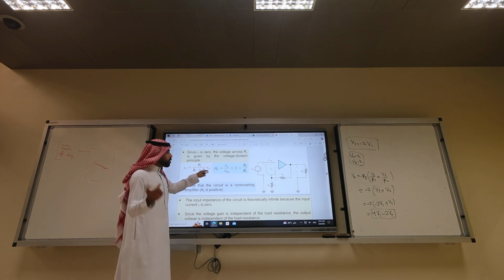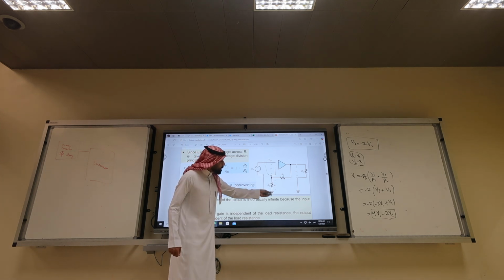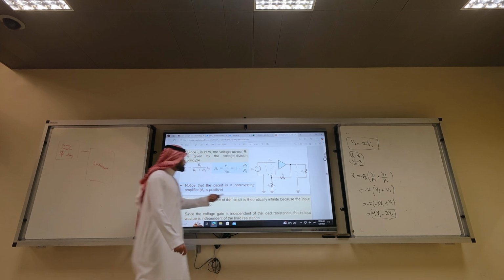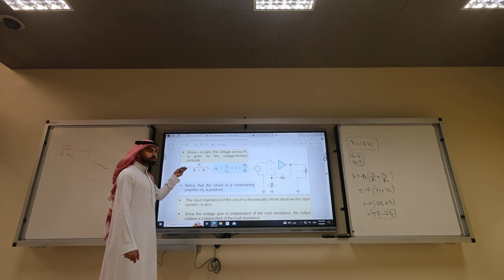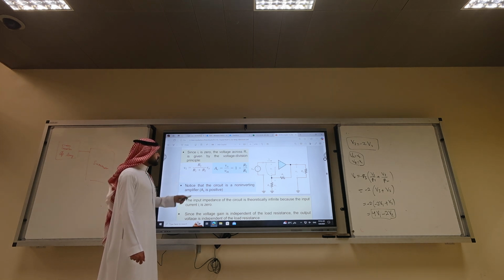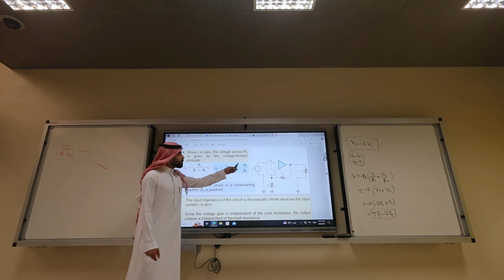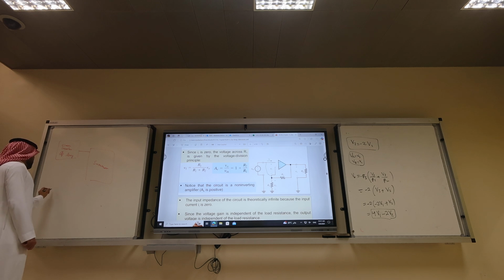But I know that V1 and V input are equal. So I can replace V1 with V input and find the relationship: V input equals R1 over R1 plus R2 times V output.